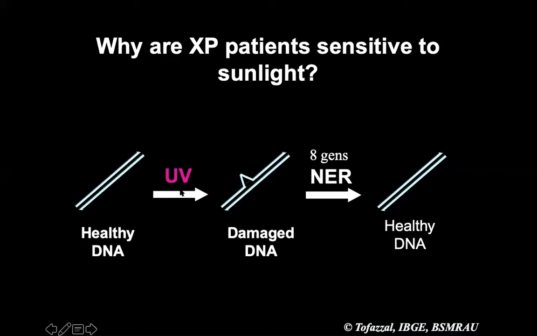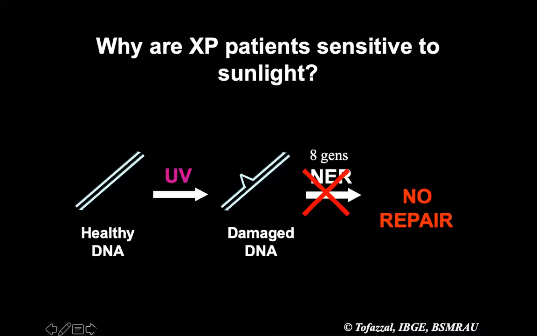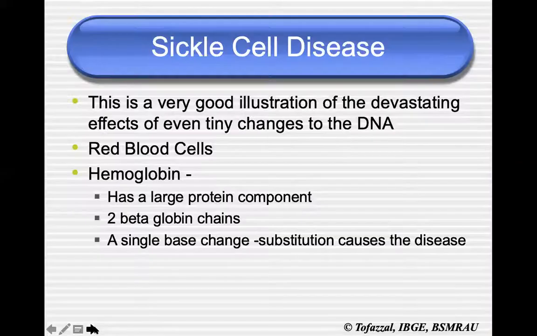Because in healthy people, when UV causes DNA damage, 8 genes are involved to repair it by nucleotide excision repair and the cell becomes healthy. But in Xeroderma pigmentosum, they have no correct repair mechanism. This is why they cannot maintain the repair system, and as a result, they are highly sensitive to sunlight.